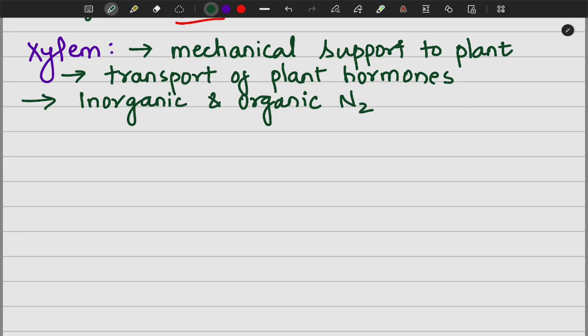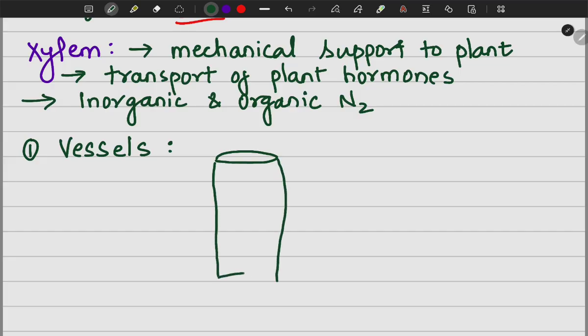Now let us talk about the different types of cells present in the xylem. We will start with the first part, that is vessels. Vessels are long and cylindrical cells like these. The walls of these vessels are very thick and lignified.